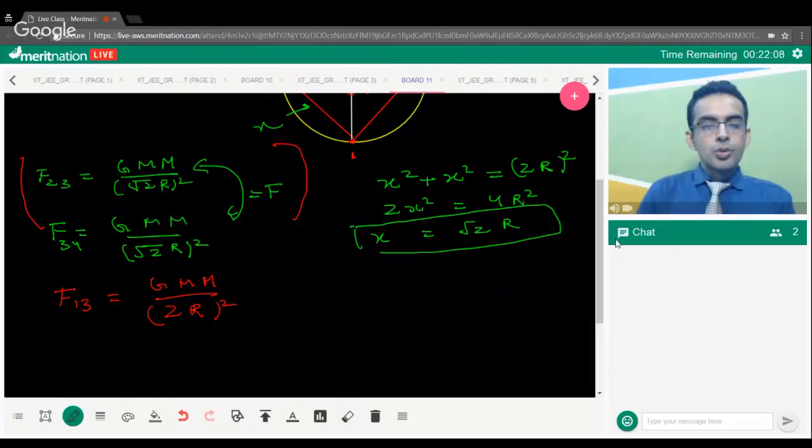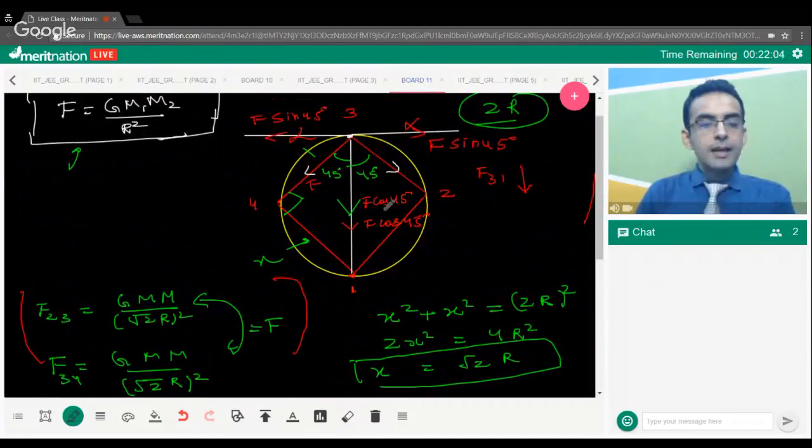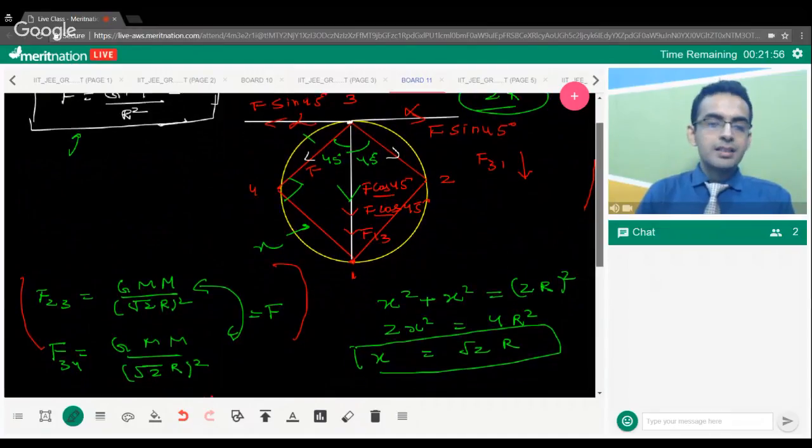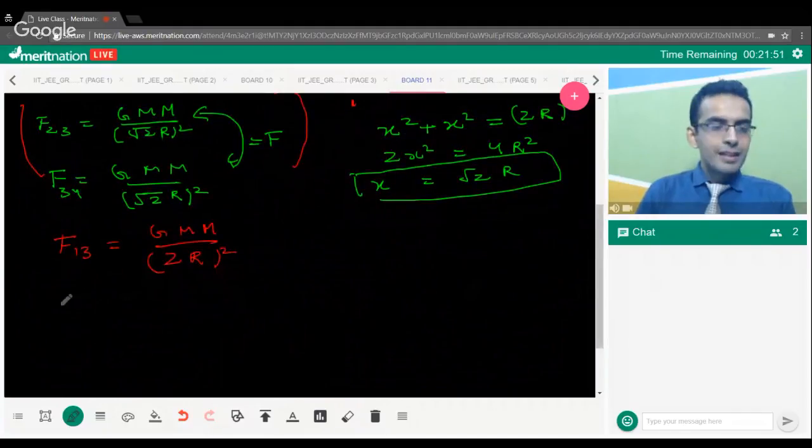So when we have to find the net force, we can see that the cos components and the force F13 are all acting in the same direction. So we can just add them all. So what is the net force?